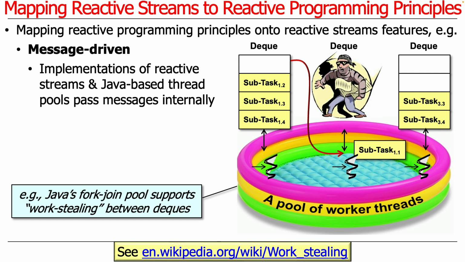So just as a simple example, not the only example, but one example, Java's fork join pool uses messages internally to take the tasks that are given to it, the fork join tasks, and be able to run them in a pool of worker threads, which are basically platform threads. And these worker threads can steal the messages, the fork join tasks that are in different worker threads' double-ended queues.